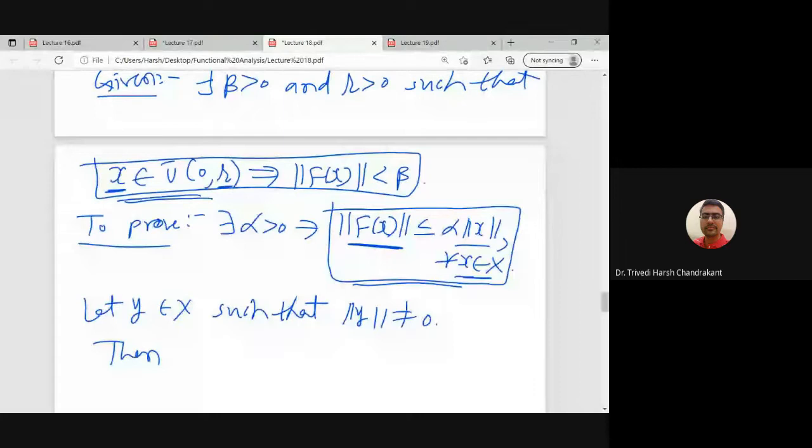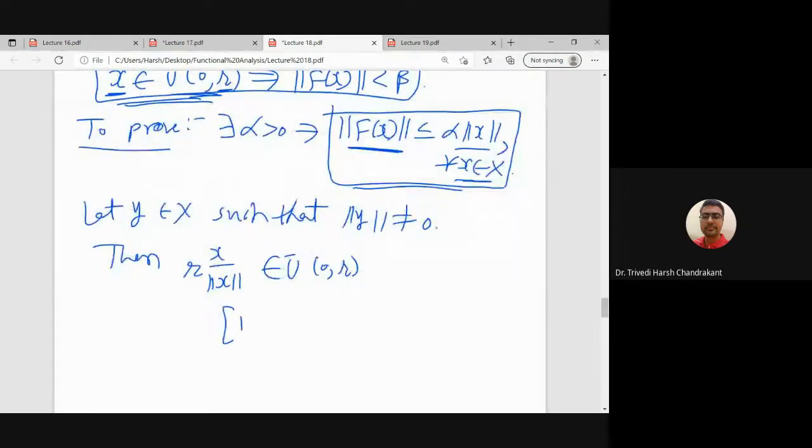So what we'll do, we'll consider the element x divided by norm x, its norm is 1, and we multiply by r. So what is the norm of this element? r x by norm x has norm r. So that means it is always contained in this disk.